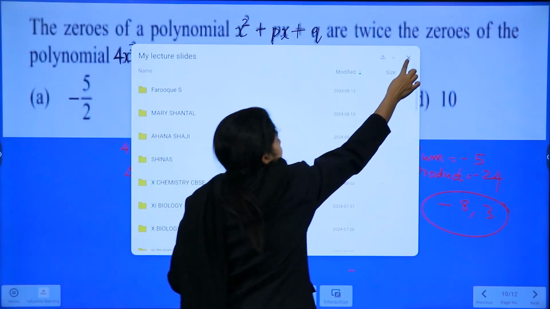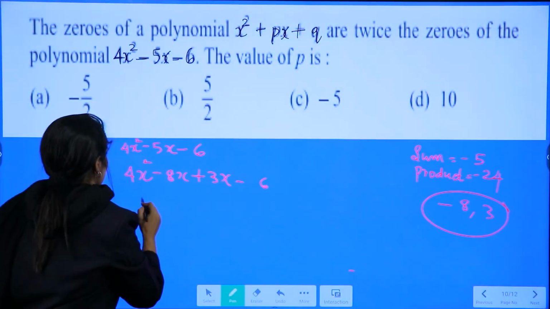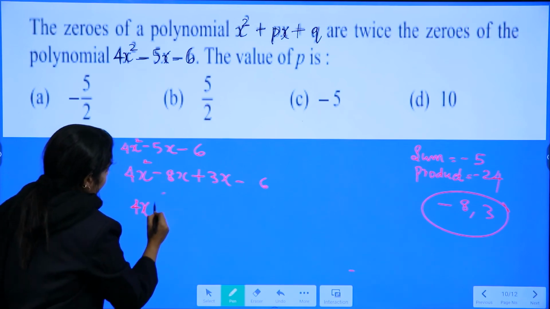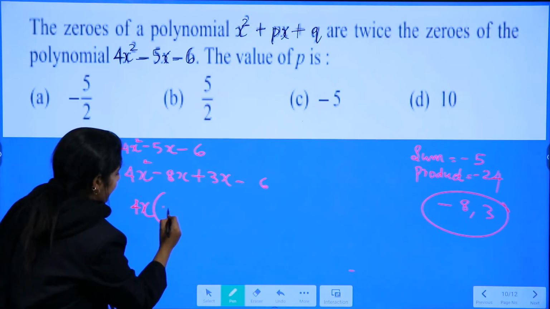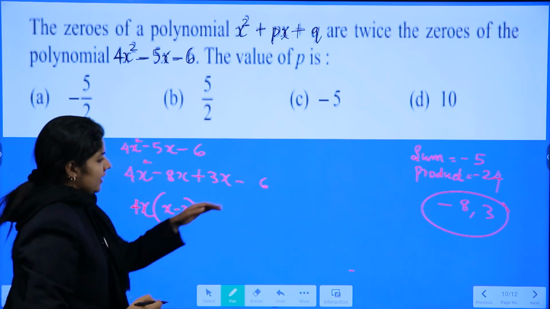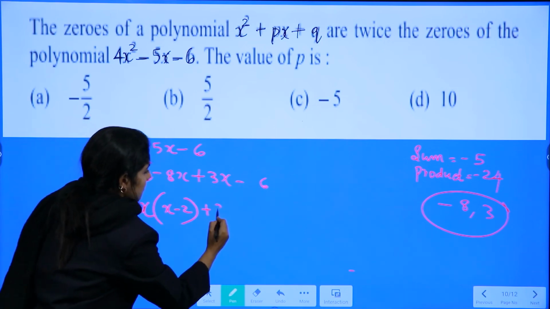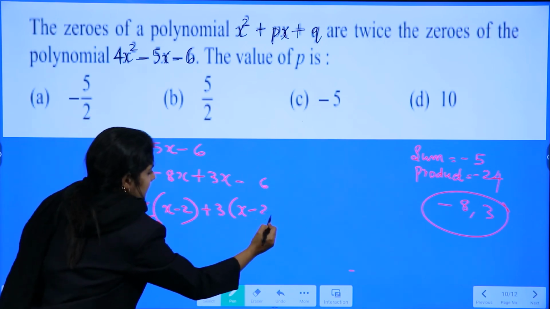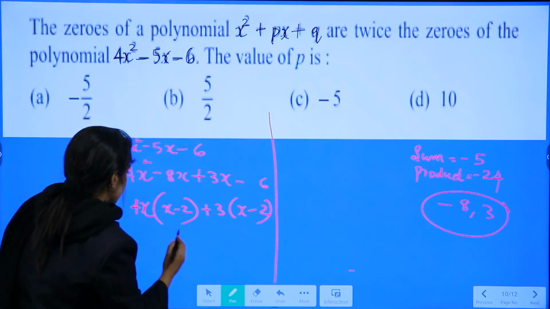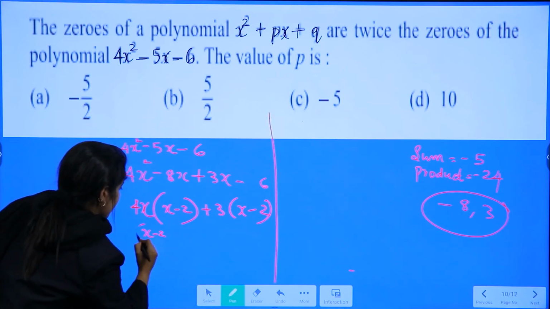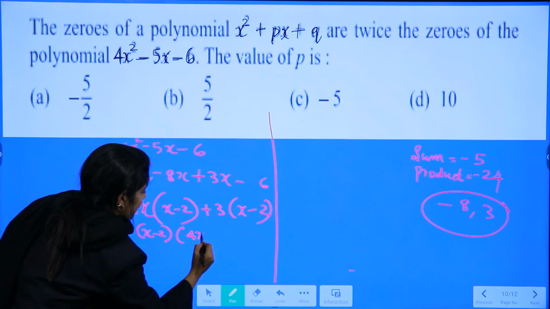From the first two terms, let's take 4x common. Inside the bracket it will be x minus 2, and then we have 3 common, inside the bracket x minus 2. So x minus 2 into 4x plus 3.